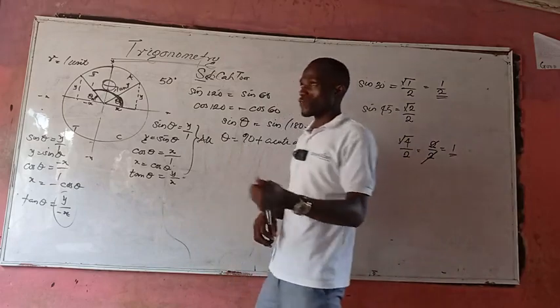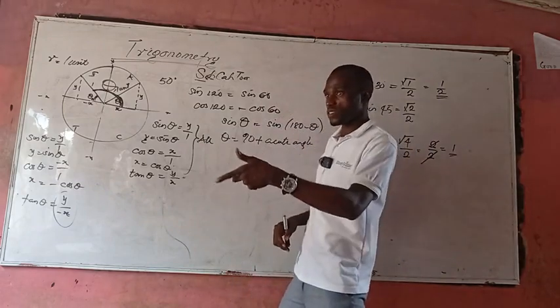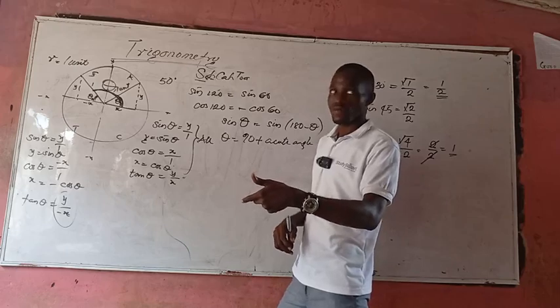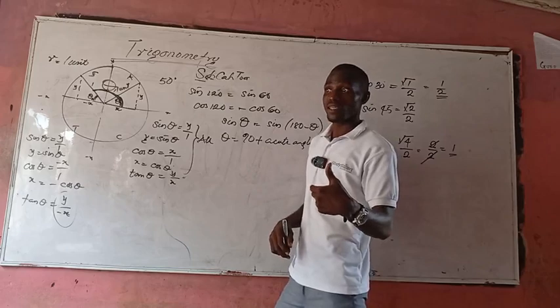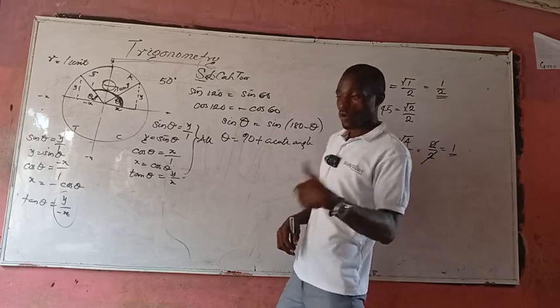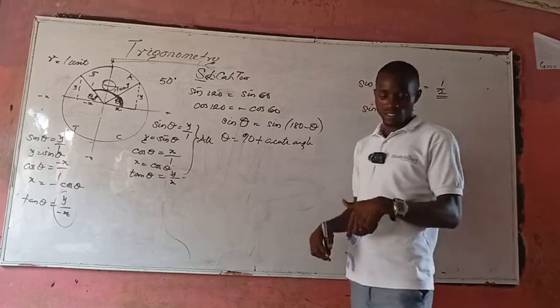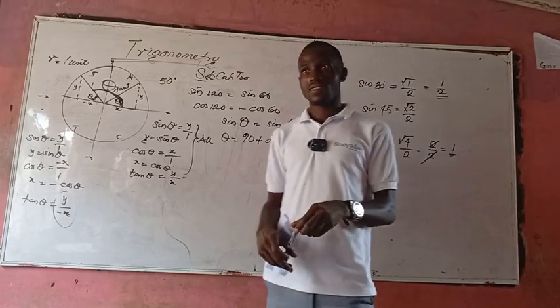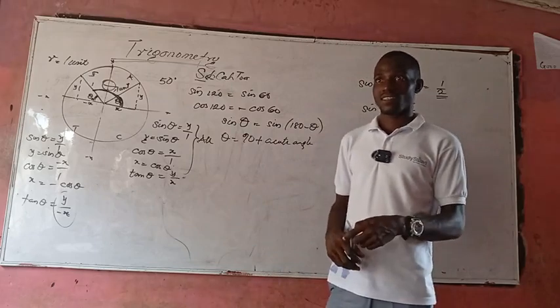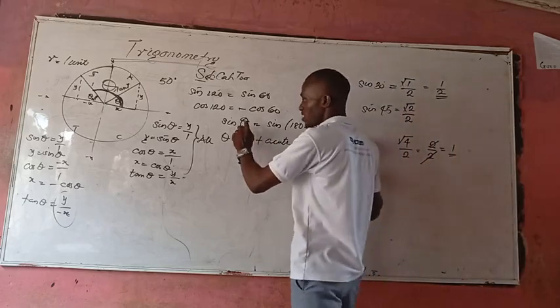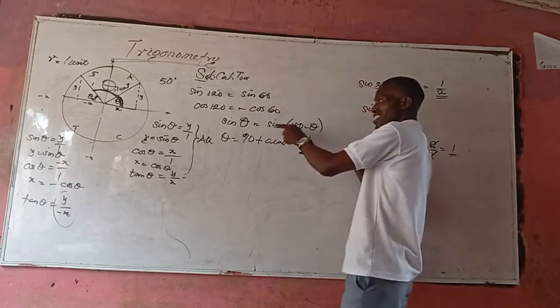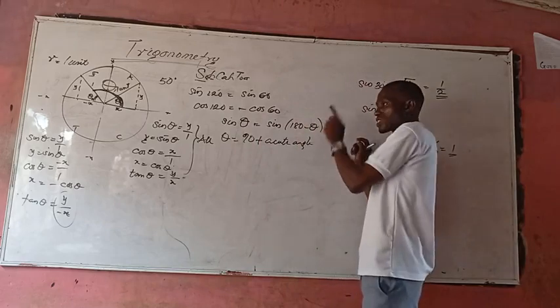So for example, sine 150 will be the same as what? Sine of any angle in the second quadrant should be equal to the sine of 180 minus that angle.